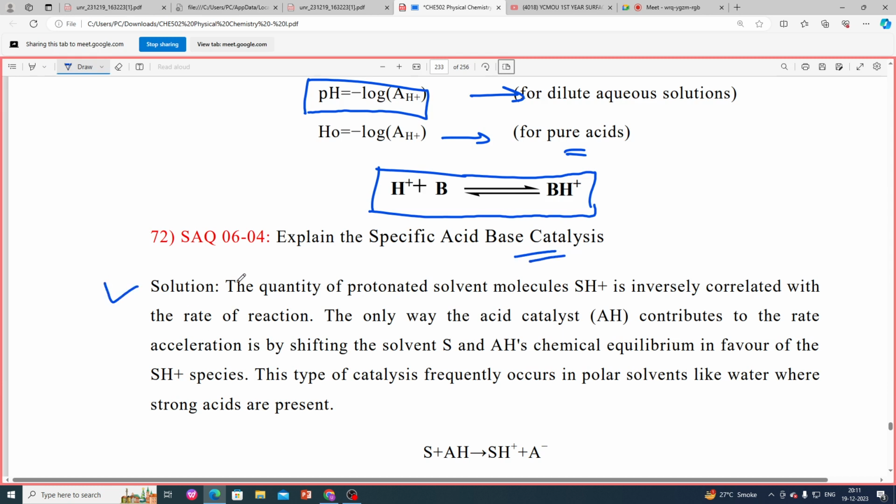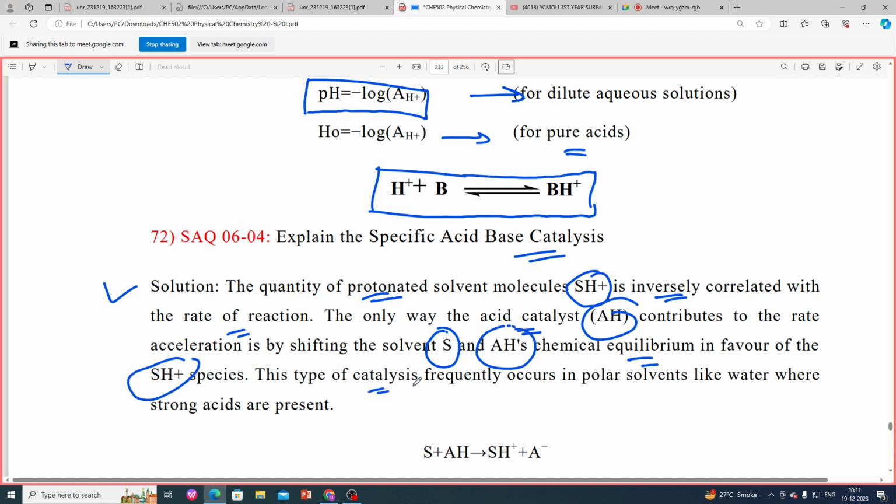क्या है? Solution, the quantity of protonated solvent molecule SH plus is directly correlated with the rate of reaction. The only way that the acid catalyst AH contributes to the rate is by shifting the chemical equilibrium of the solvent S and AH in favor of the SH plus. Okay.